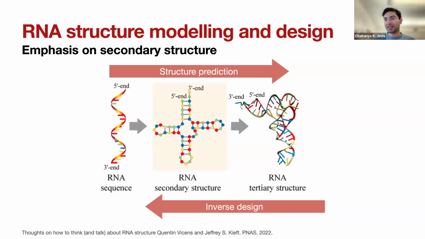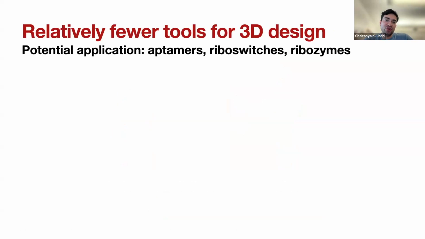There's interest in RNA tertiary structure prediction, but as this article that I've referenced here by Vincent's says, a lot of interesting functionality in RNAs, especially in structured RNAs, comes from the kinds of interactions that secondary structure never captures: non-canonical interactions and interactions due to tertiary motifs, which are not represented in secondary structure at all. So there is interest in doing design in 3D, but there are relatively fewer tools.